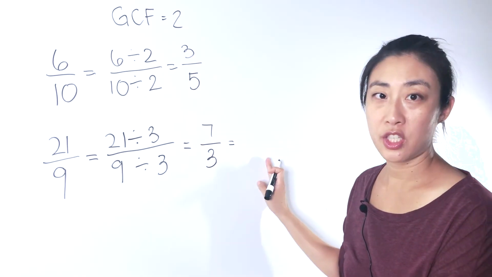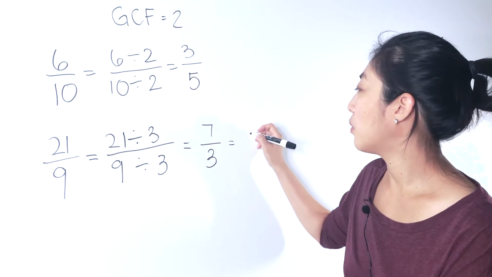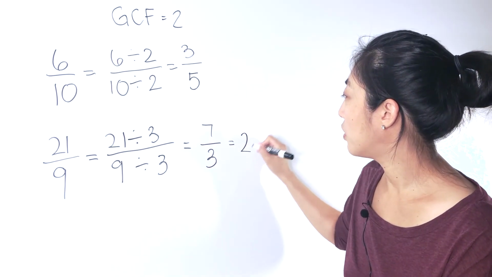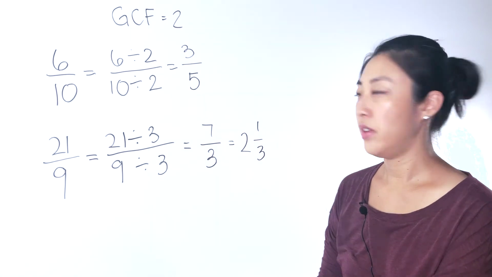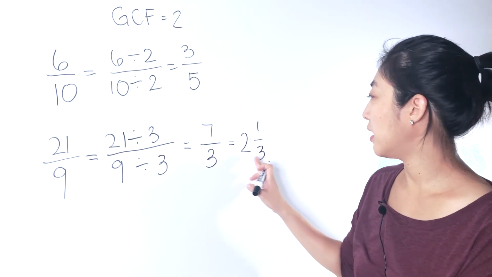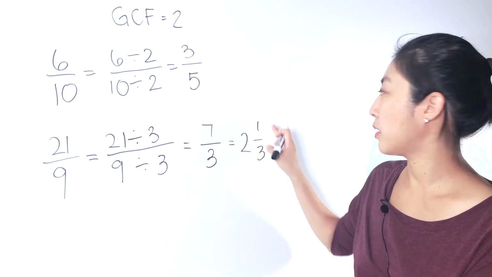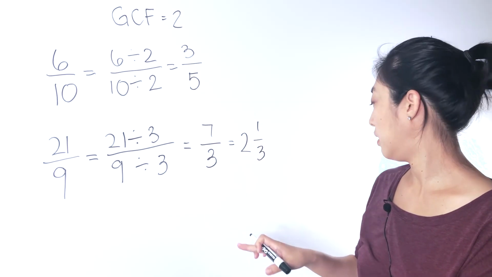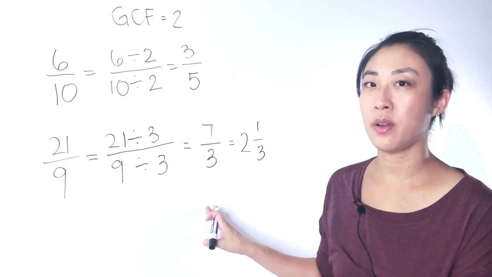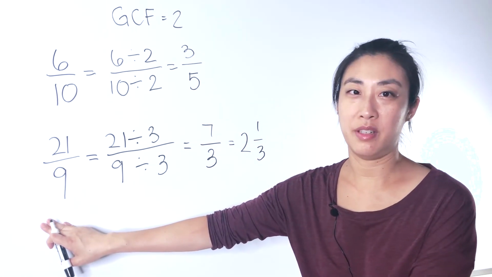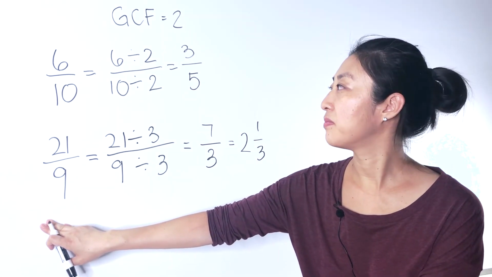And then we change it to a mixed fraction, which would be 2 and 1/3. How we get that is, you can see 2 times 3 is 6, plus 1 is 7. So 2 and 1/3 is the simplest form of the fraction 21 over 9.